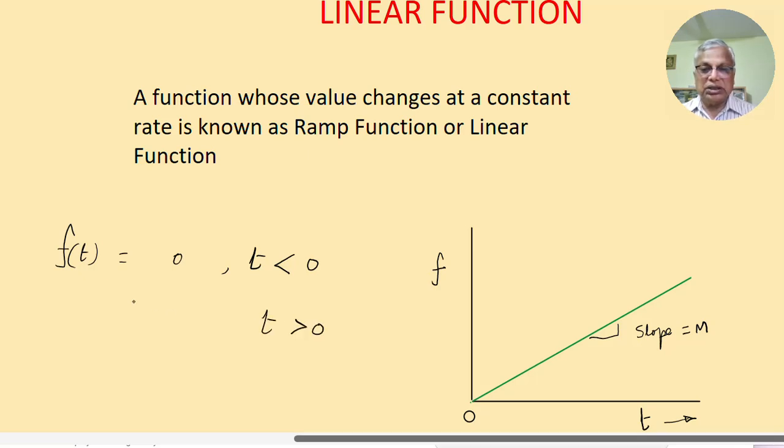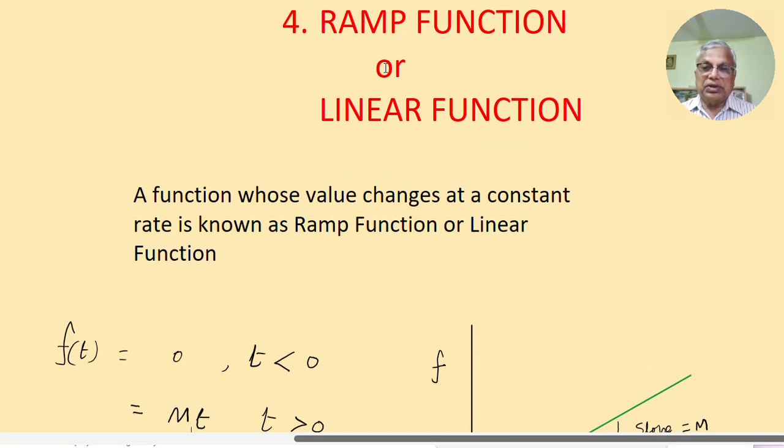For t greater than 0, f of t equal to m into t. Equation of a straight line is m into t. So f of t equal to m into t. This is a mathematical equation to represent this ramp function.